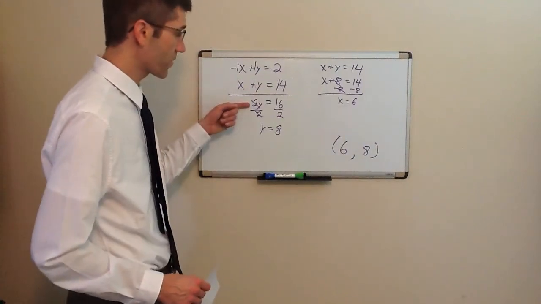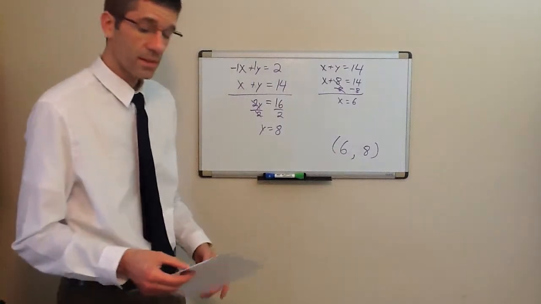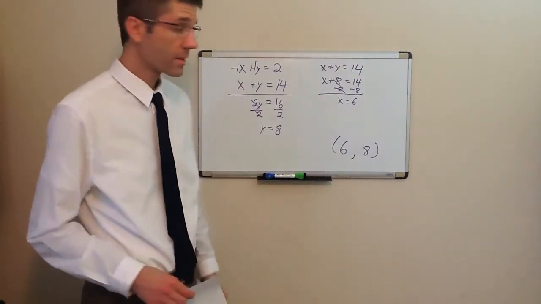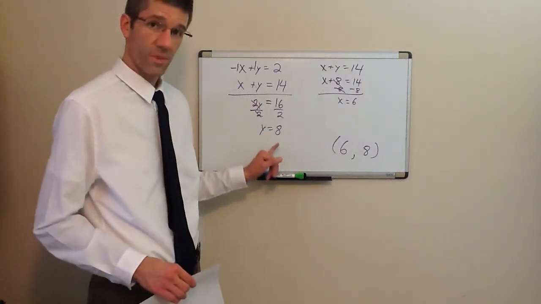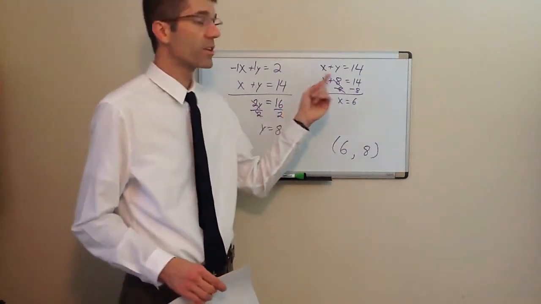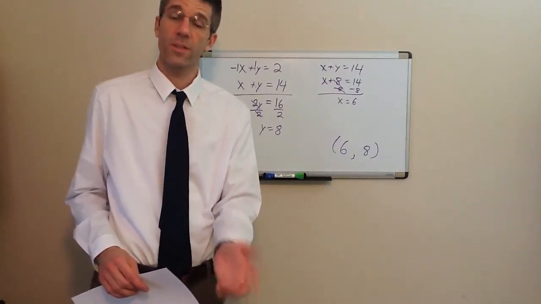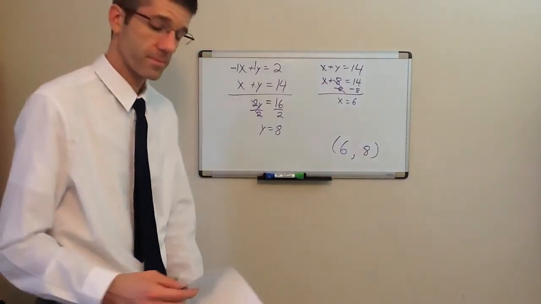Solve the equation that's left over. And then, step 4 is to take what you just found, take that variable you just had, and plug it into either equation to find the other variable. And you'll solve for that other variable.